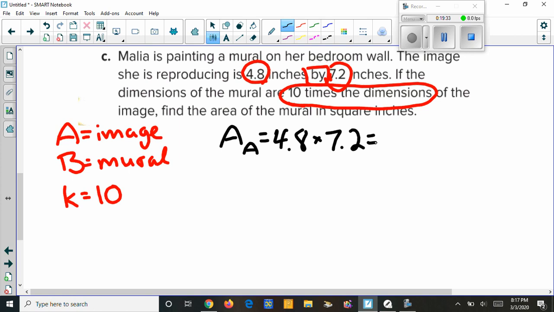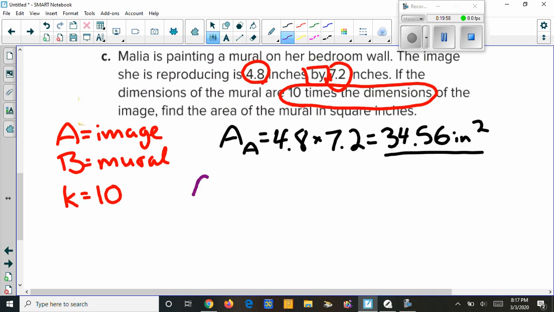Now I'm looking at my calculator to get this. I get 34.56 square inches. And I now have all my pieces to find the area of the mural.